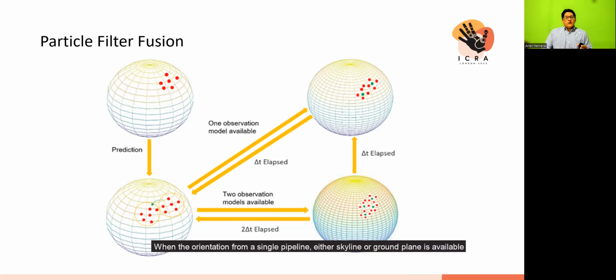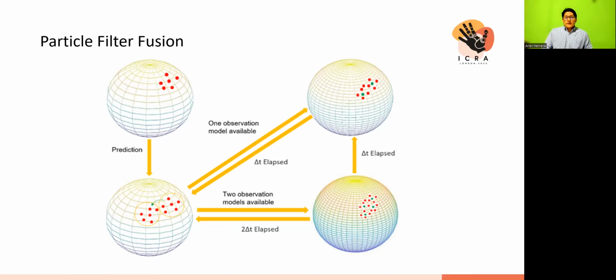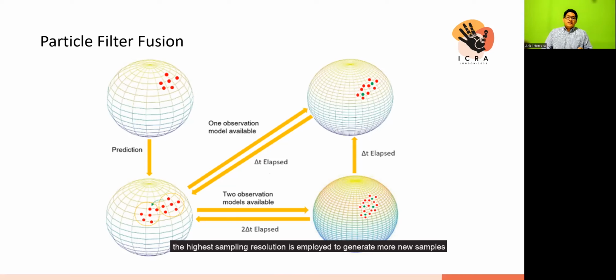When the orientation from a single pipeline, either skyline or ground plane, is available, the new samples in red are generated on finer resolution neighboring the green dots. If both skyline and ground plane pipelines are available, the highest sampling resolution is employed to generate more new samples.